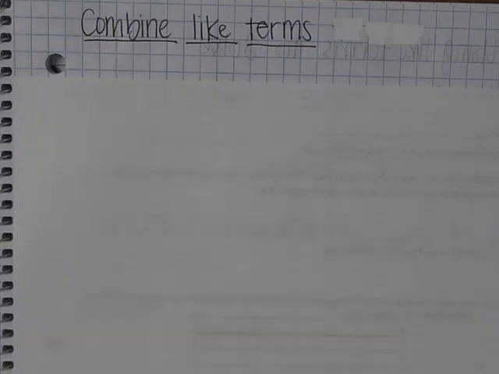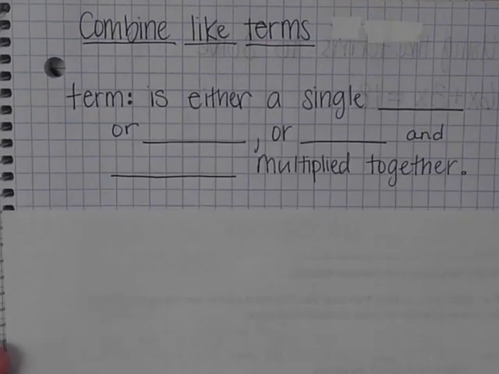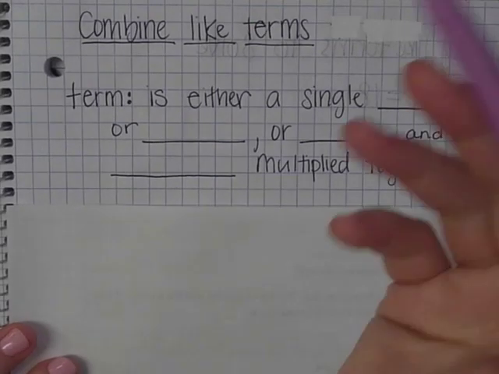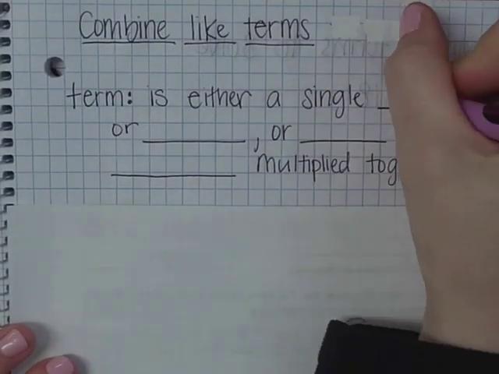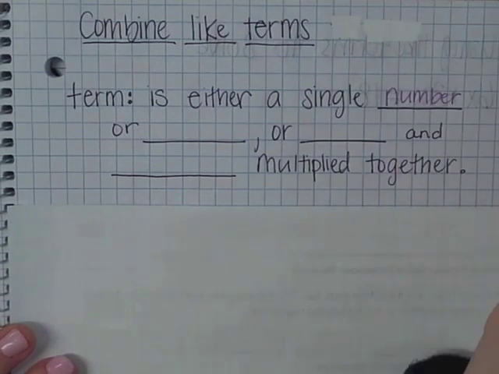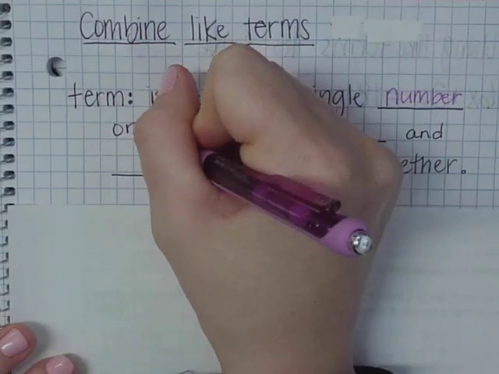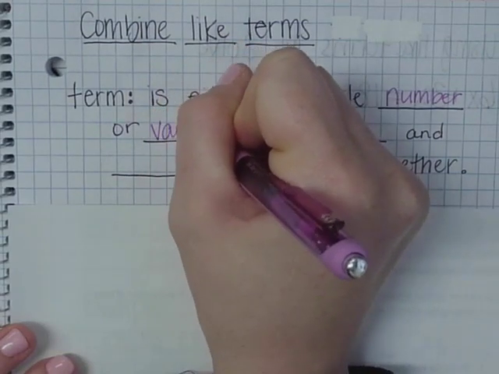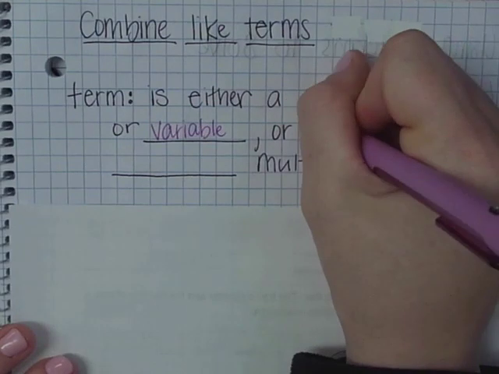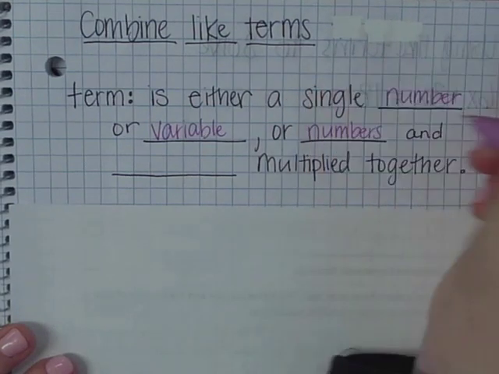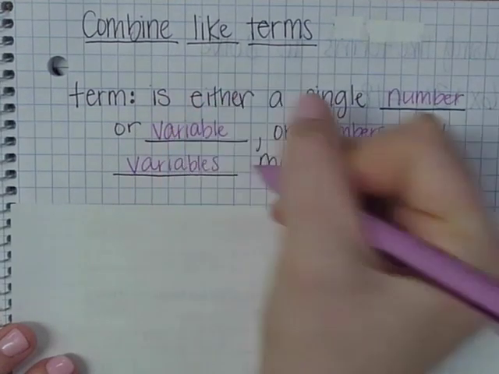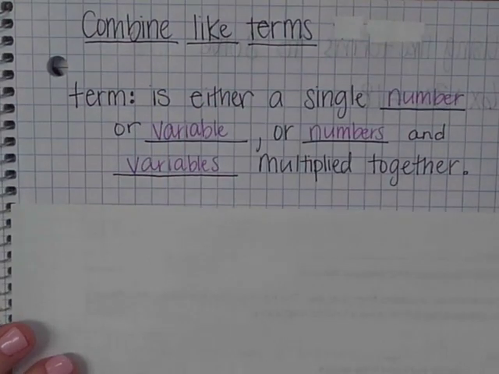So, combining like terms. I'm going to move all this down so you can see it and pause it and write it down. A term is either a single number or single variable or numbers and variables multiplied together.